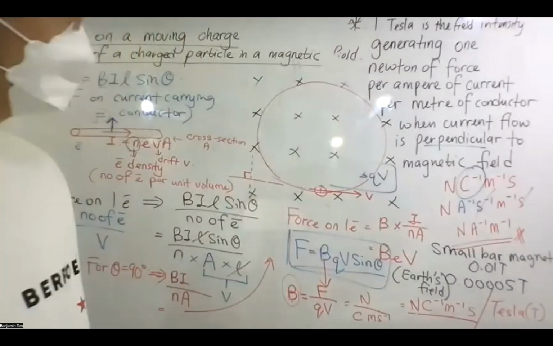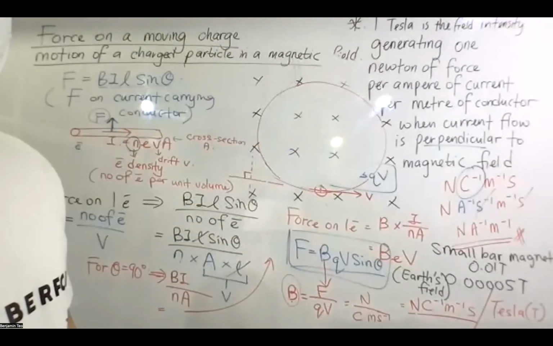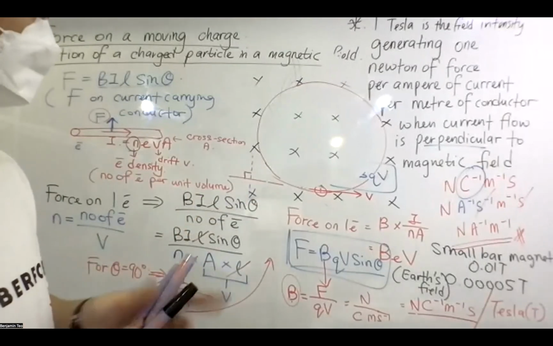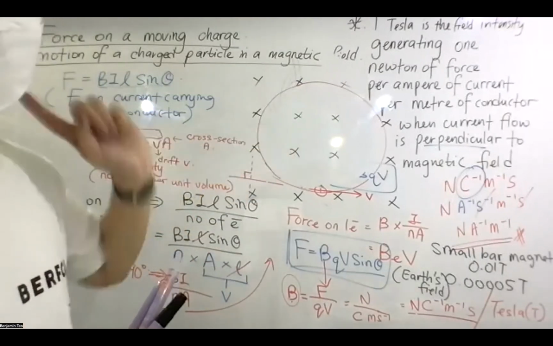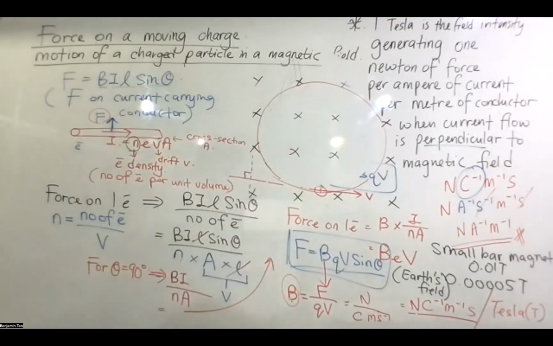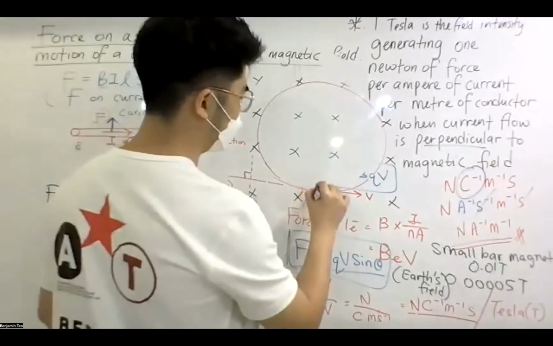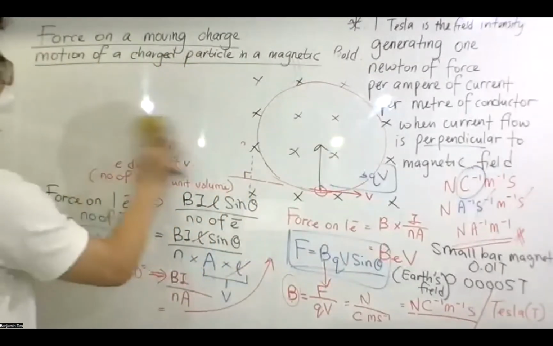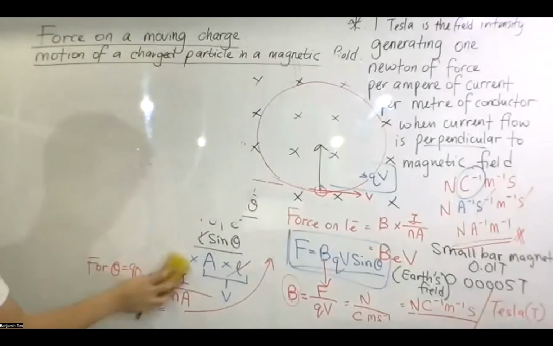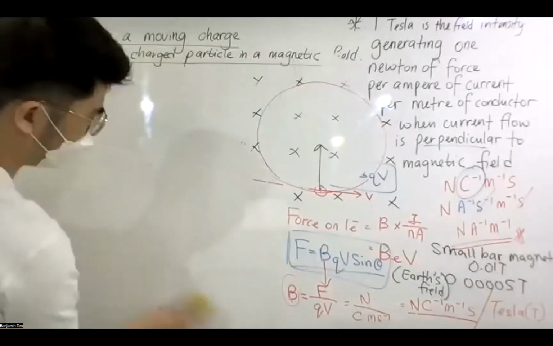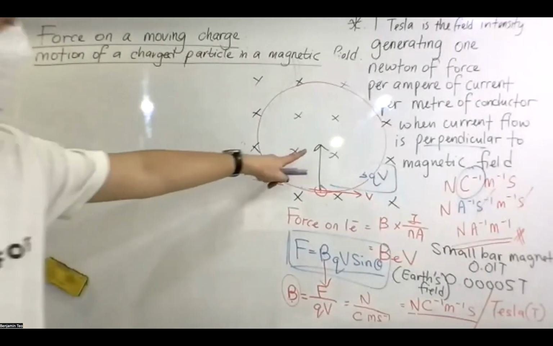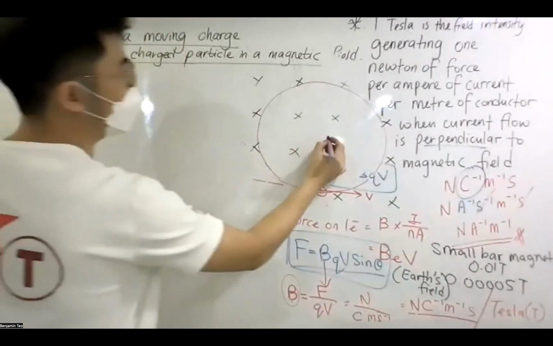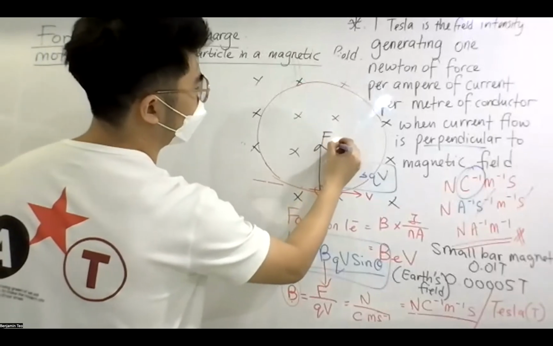centripetal force. What is required for it to move in a circle? You must have a centripetal force. So in this case, who is the centripetal force? The magnetic force is the centripetal force. The magnetic force is the one that keeps it in circular motion.